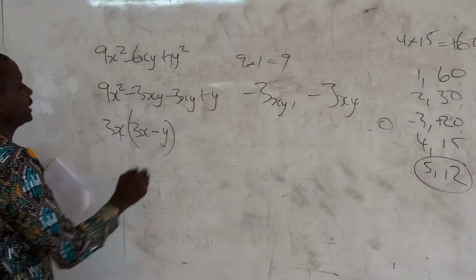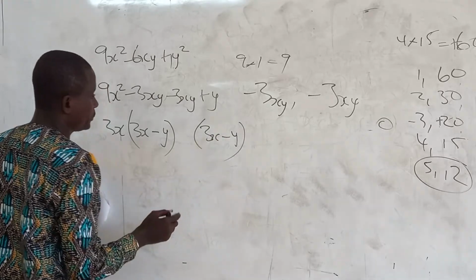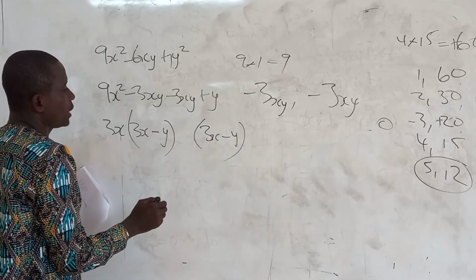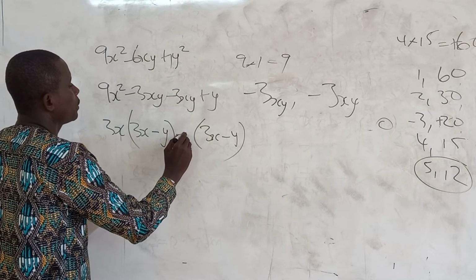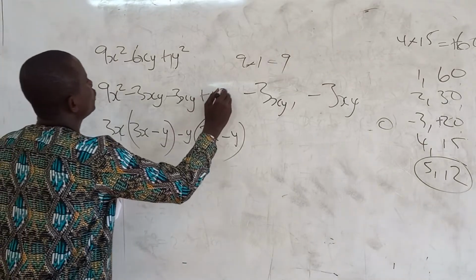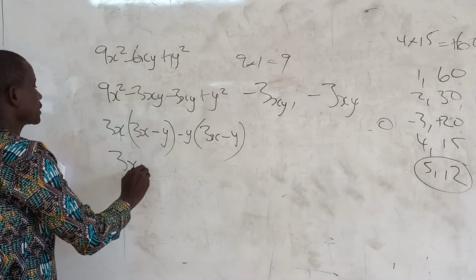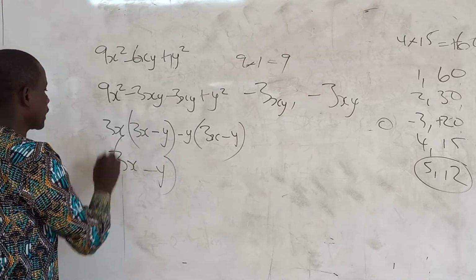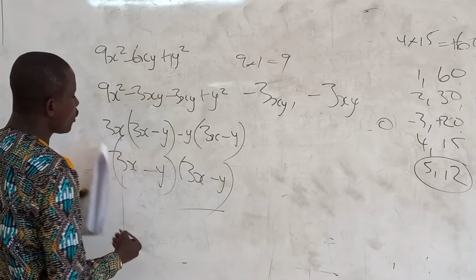Okay. Then we do the same thing here. 3x minus y. So here becomes minus y squared. So here we have 3x minus y, then 3x minus y, which is a repeated expression.